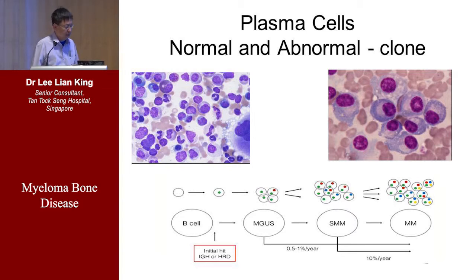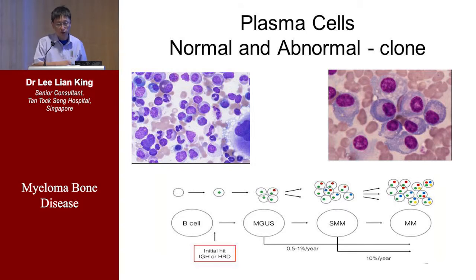And what happens is, if there are some genetic changes in the plasma cells, they become transformed into a malignant plasma cell, which produces one clone of abnormal antibodies. So the diagram below shows that in a lot of elderly people, although there are some genetic changes, the plasma cell number is very low, and they secrete a low amount of this abnormal antibody.